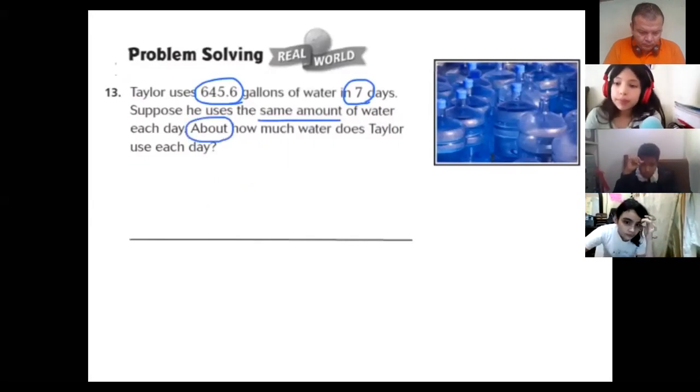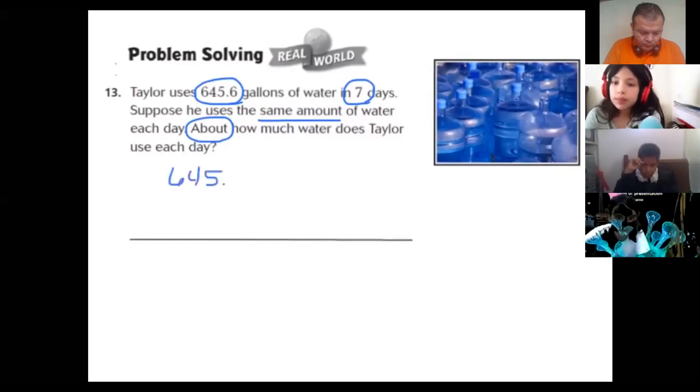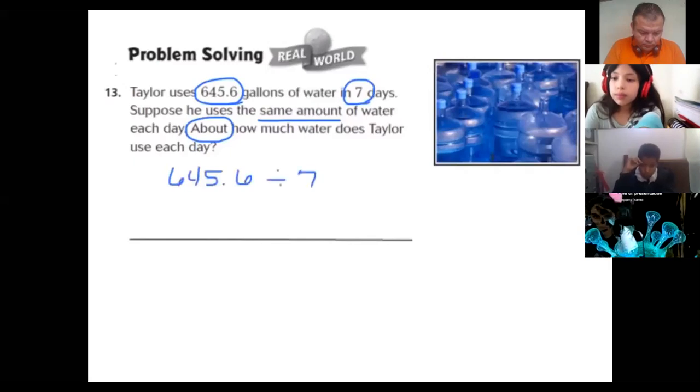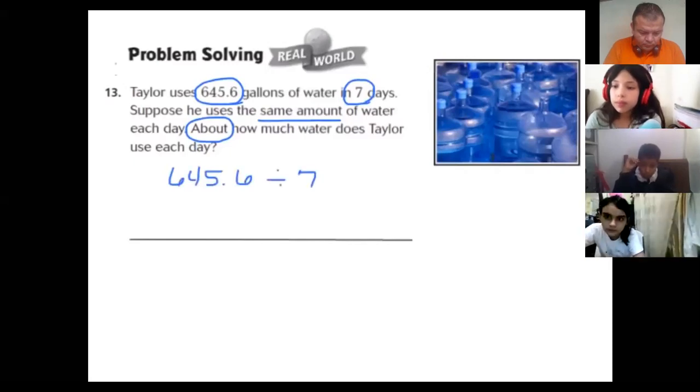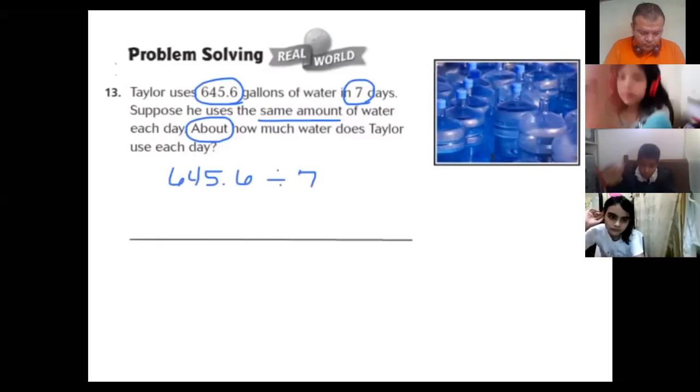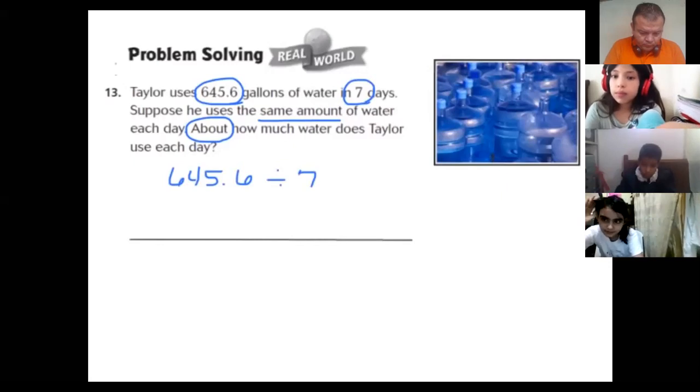So we're going to take our 645 and 6/10 gallons of water and divide that by our 7 days, because once again, we want to find the amount of water that Taylor uses each day. Because they use the word about, we know we're going to have to estimate our answer. So we're going to think about compatible numbers. What I notice is my divisor is a 7, and my dividend is 645 and 6/10.